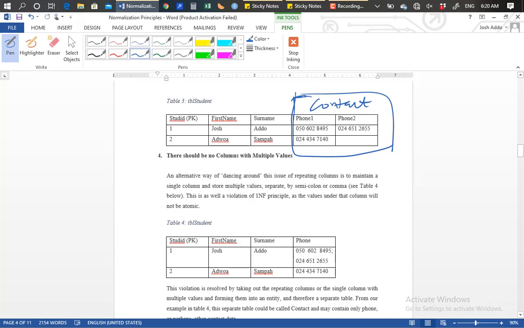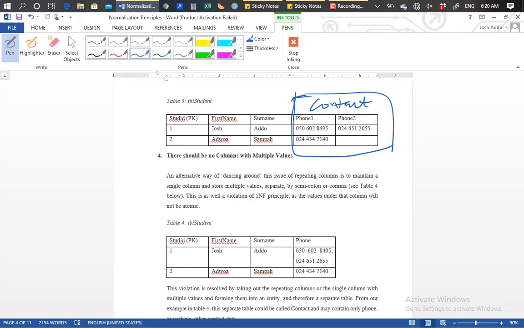And you also remember I told you the idea of breaking tables into several other tables is to make sure that each table stores specific data. Each table stores data on a single subject matter. You see that this is not only violating the principle of first normal form, which is saying there should be no repeating groups.